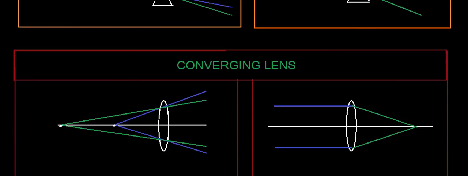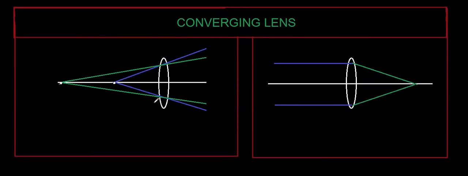And the second type of lens is the converging lens. It is the convex lens. Here the object, this is O. These are the two rays traveling through the convex lens. When these two travel through this lens, after refraction they tend to move towards the principal axis a little bit.